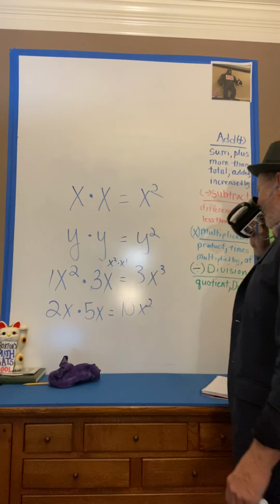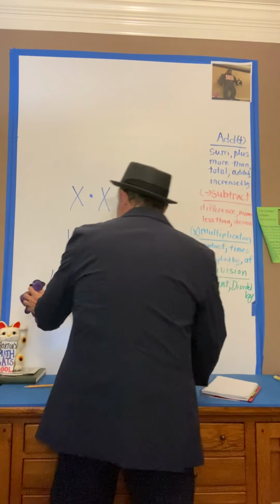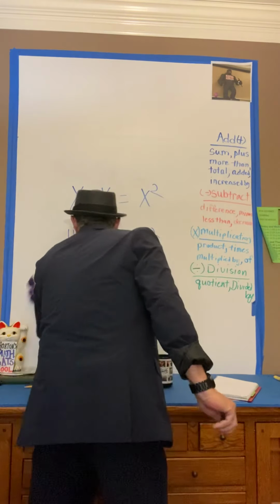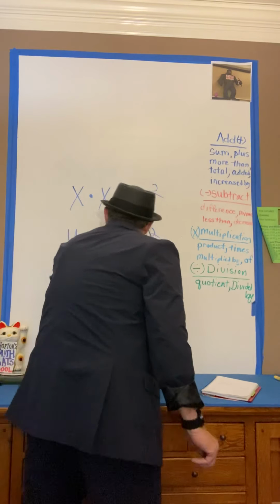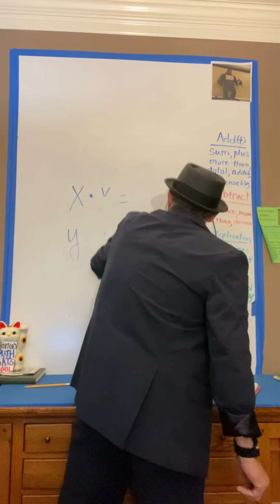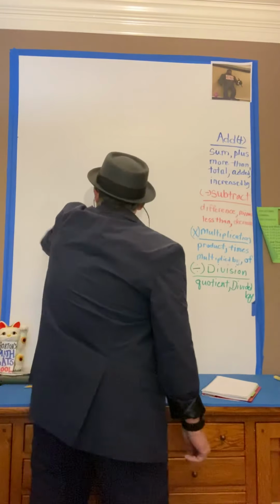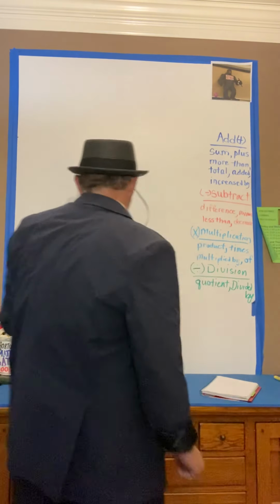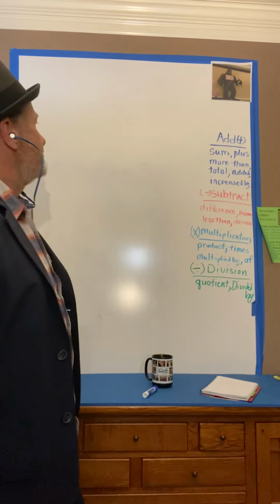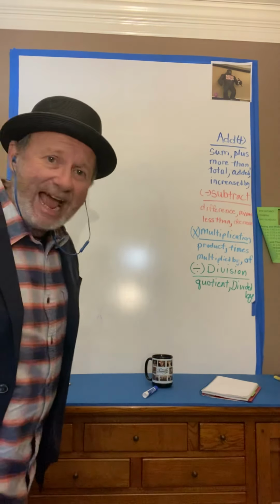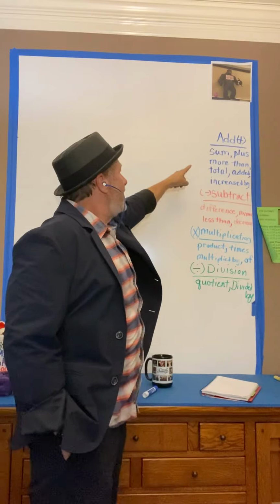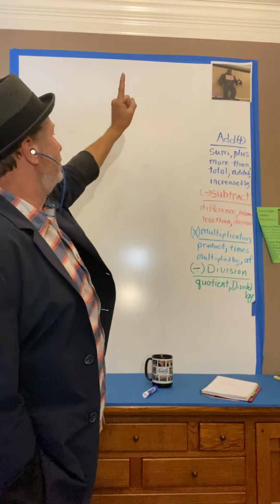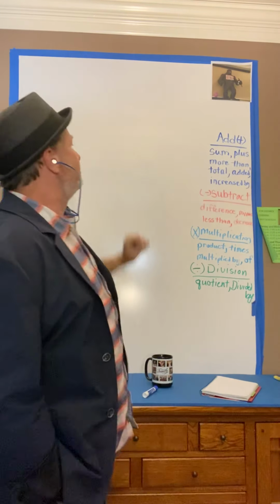Let me erase. So what we're talking about here is what are words that mean math, and how do we turn those words into mathematical expressions? So let's talk about words. I have add, words that mean add: sum, plus, more than, total, added, increased by.